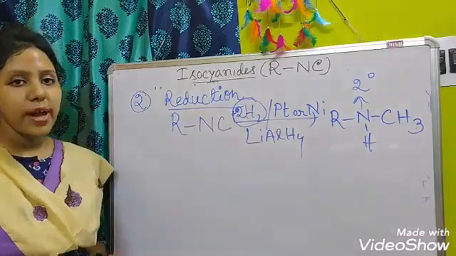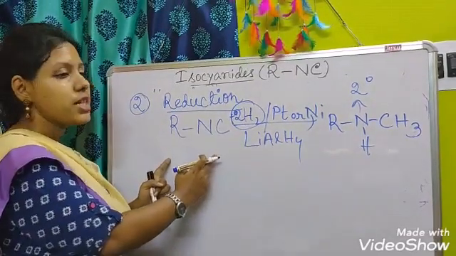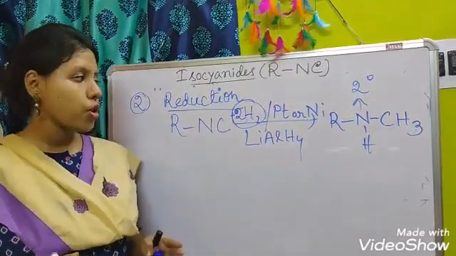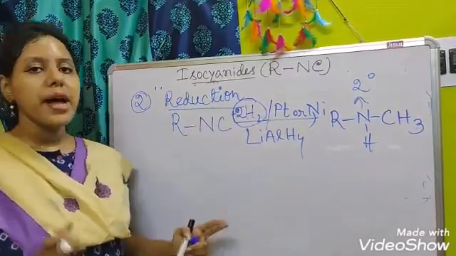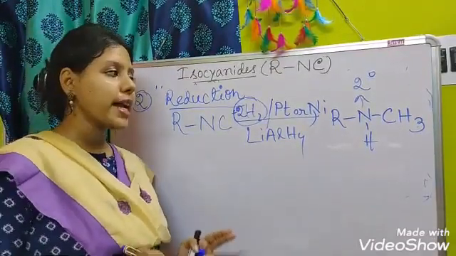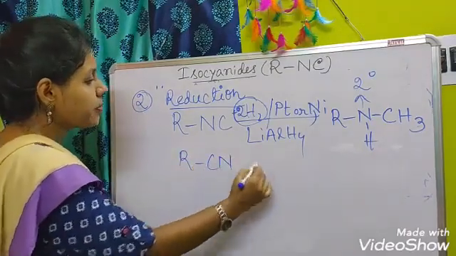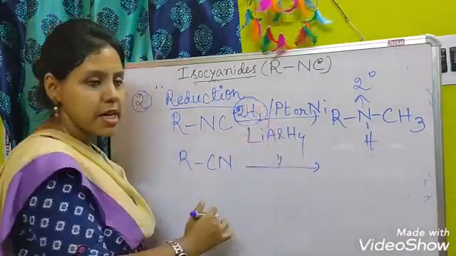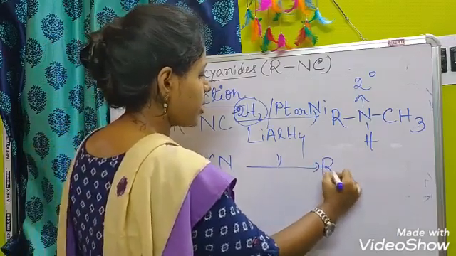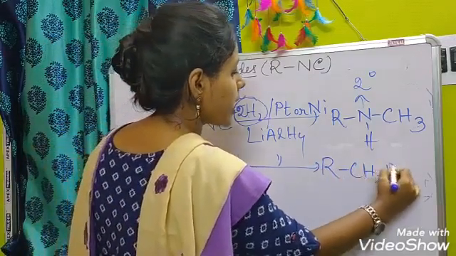So what is the difference between the cyanide and the isocyanide? After complete reduction of cyanides, we are getting primary amines, right? Whenever we are using RCN, after complete reduction we were getting the compound RCH2NH2.